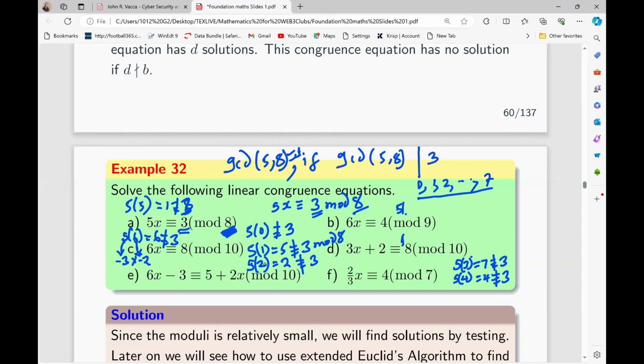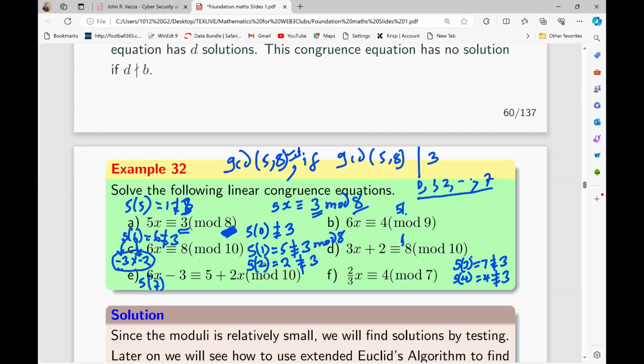I'm only left with one value to try this time. Let me try it. 5 and 7. And of course, you see, I'm using this knowledge here to make my work easier.